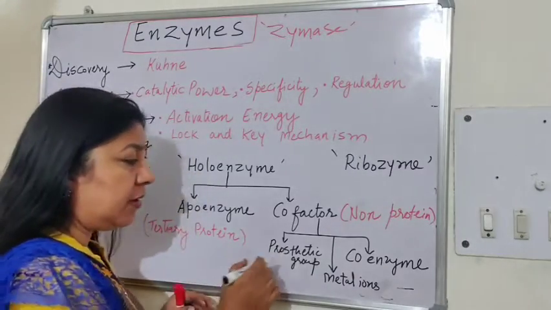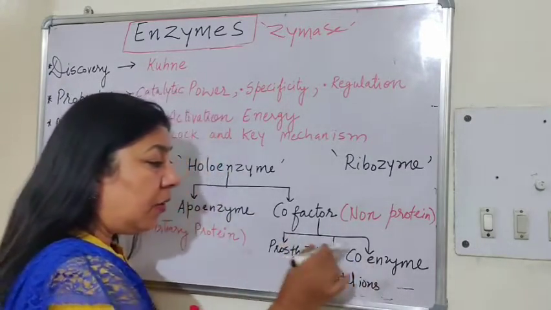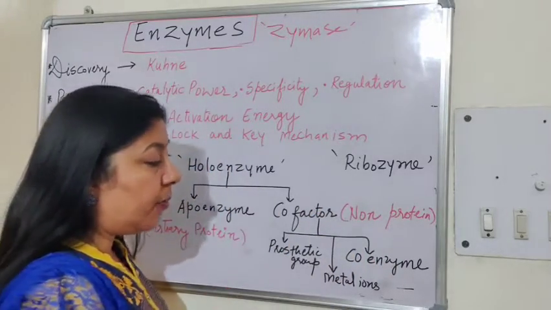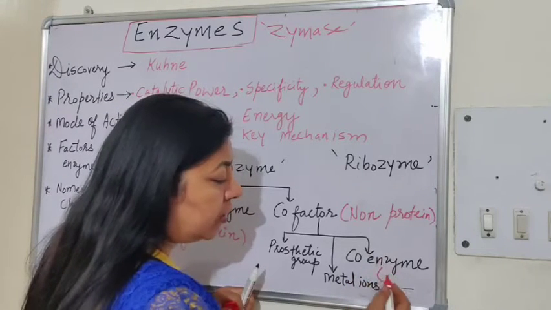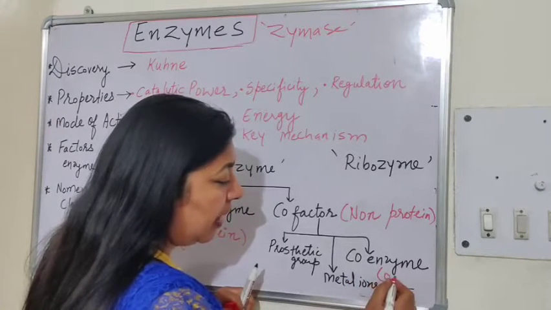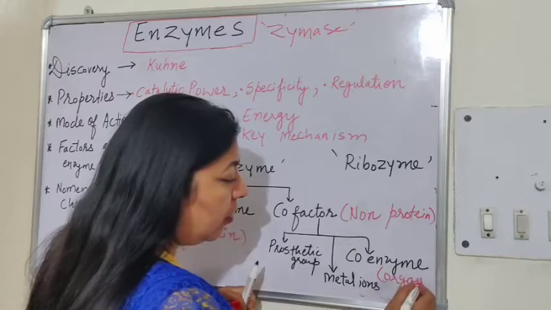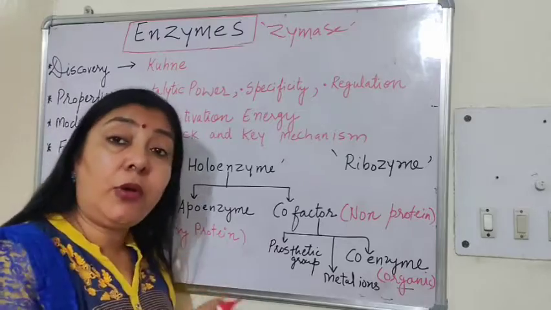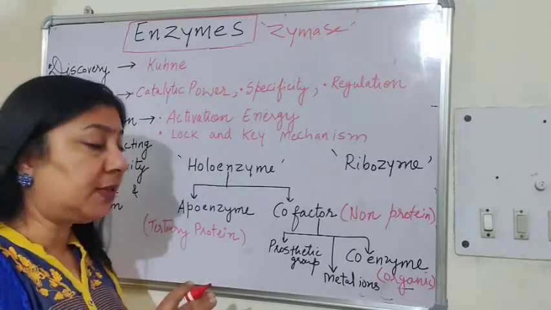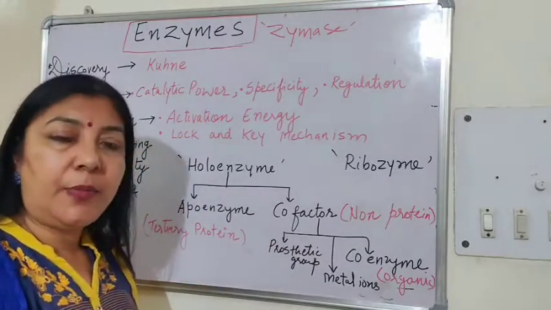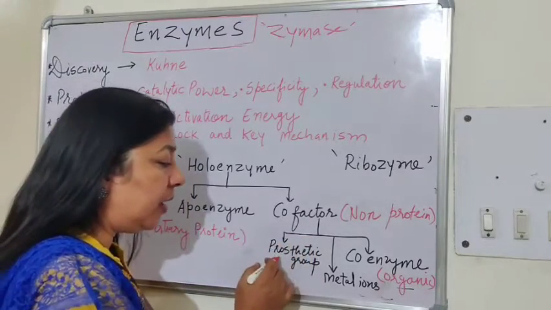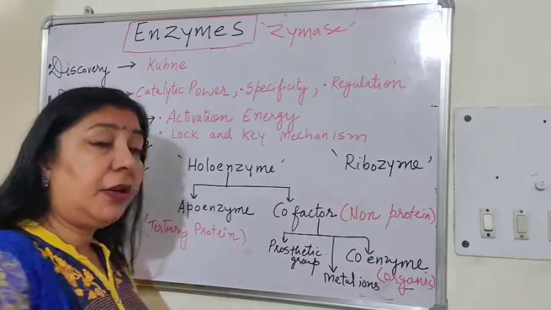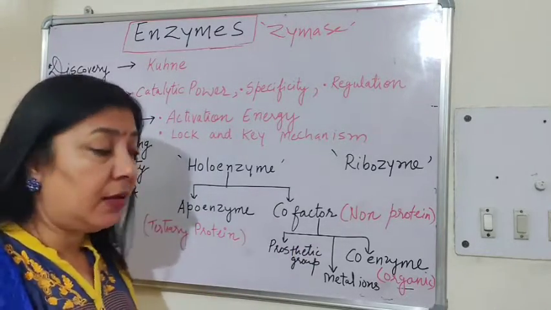So what is the difference? When some organic, non-proteinaceous part is part of the enzyme, it is called a coenzyme. Whereas when some inorganic part is present along with the apoenzyme, it may be a prosthetic group or a metal ion. And what is the difference between a prosthetic group and a metal ion?